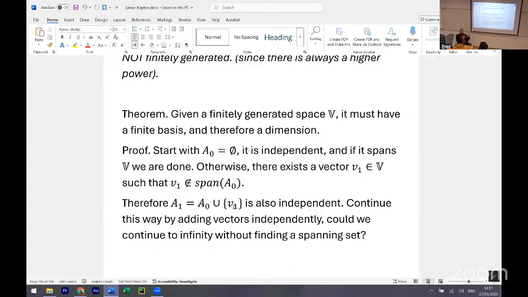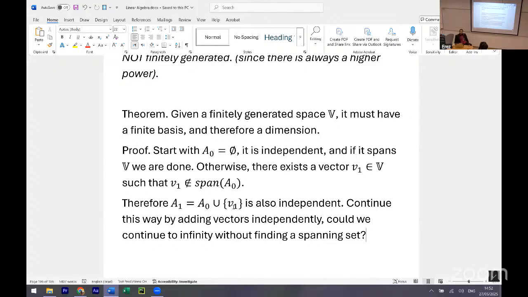I'm starting with an empty set which is linearly independent, and as long as I'm not spanning everything, keep adding things, and it will always remain independent. Could we continue it in perpetuity without ever stopping? If it was an infinite dimensional space, the answer would be yes. But since it's a finitely generated space, the answer is no.